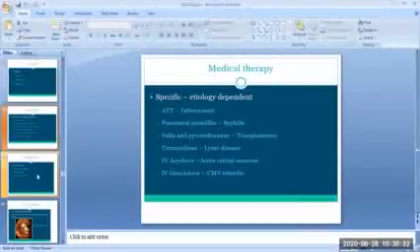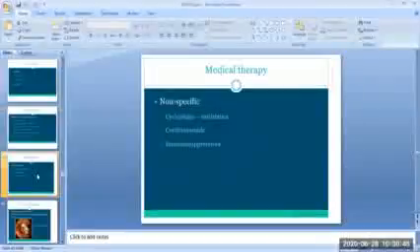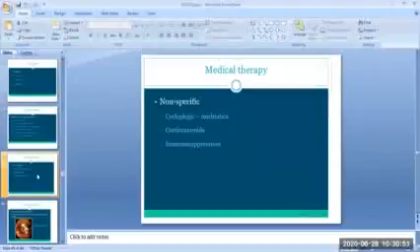the tetracycline treatment in Lyme disease, IV acyclovir in acute retinal necrosis, and IV ganciclovir in case of CMV retinitis. Then next is the non-specific treatment. Non-specific treatment includes the mydriatic cycloplegic drugs.